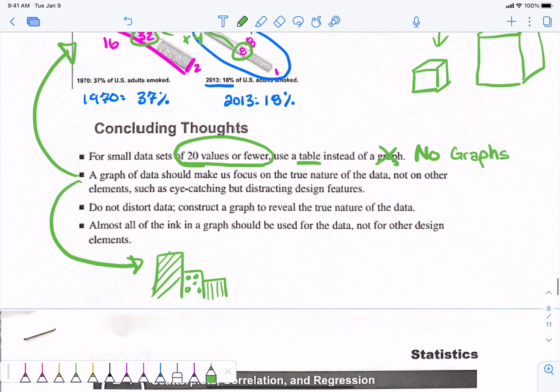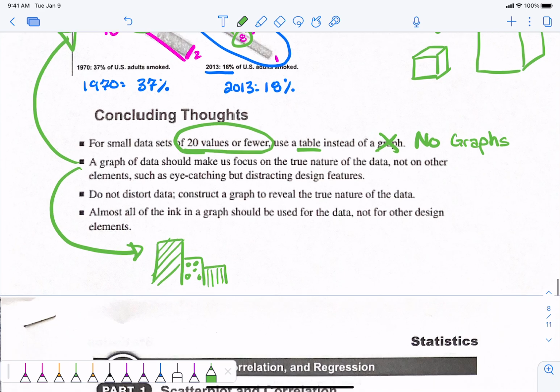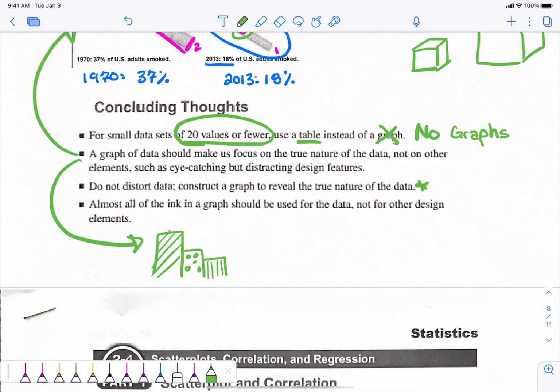Okay, number 3, do not distort data. Construct a graph to reveal the true nature of the data. This is like starting at a non-zero vertical axis. So don't start at values other than 0. Okay, that's kind of what that 3rd bullet point is trying to get across.